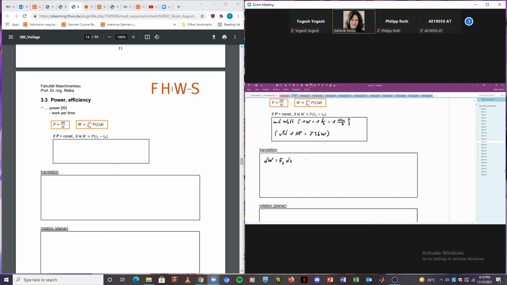So it's still the same as before. I will state it again. Fs is the force component in direction of travel.